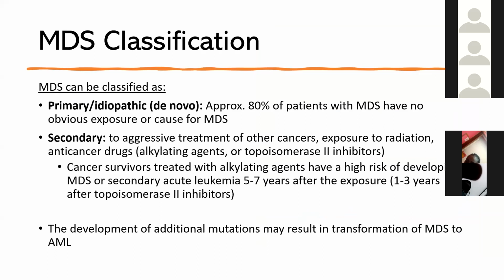Right. So now let us look at how MDS is classified. And I know typically many people hate the classification and they look at it sometimes as if like the lymphoma classification. I'm sure you're aware of your WHO lymphoma classification or the REAL classification and all those subgroups. However, MDS classification has been evolving.